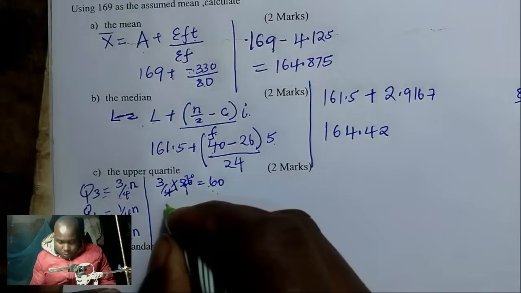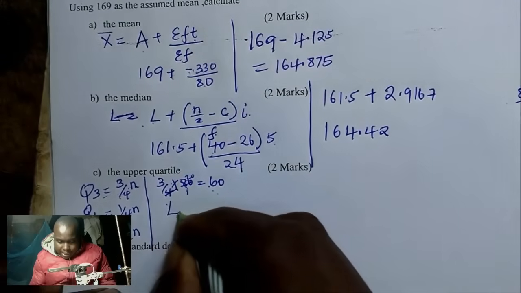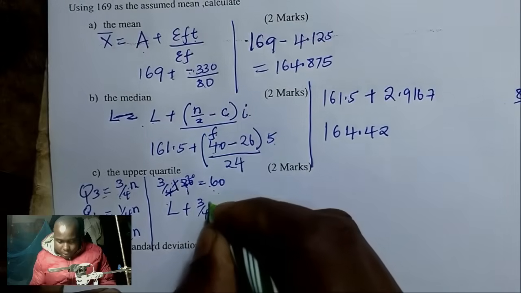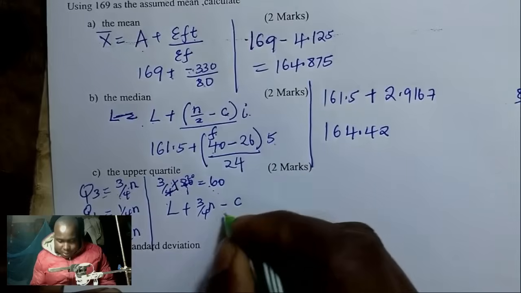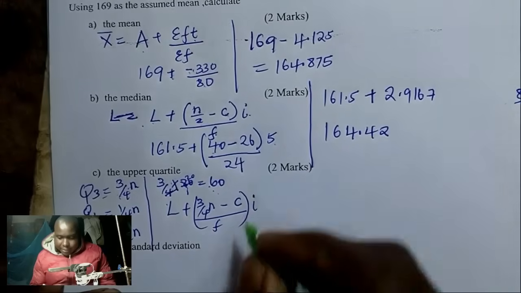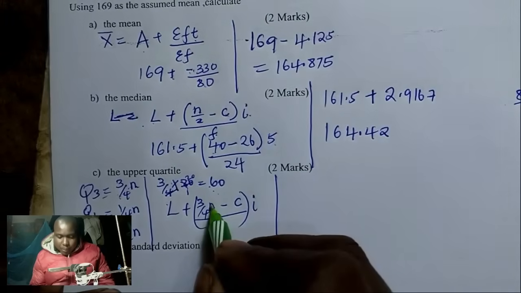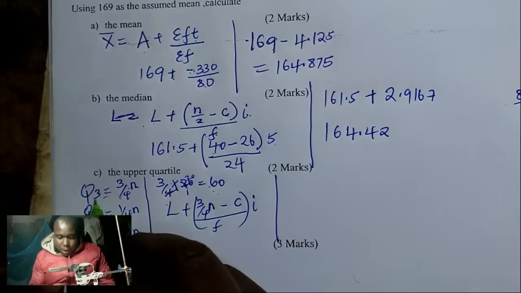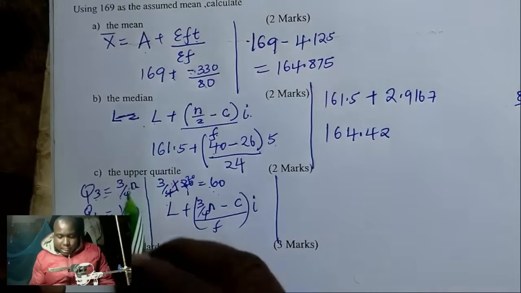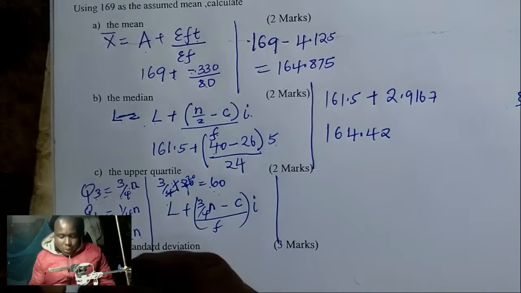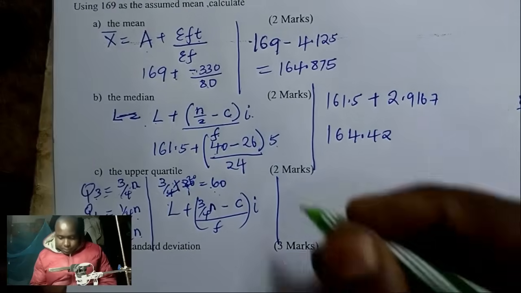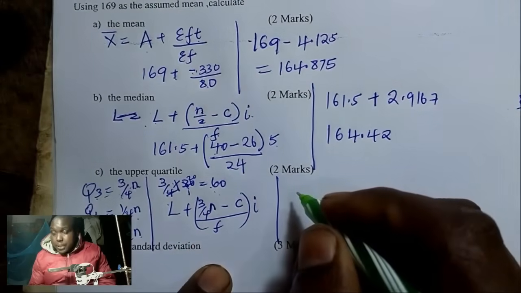So we are going to have L plus, not now n, but 3/4n minus C over frequency times I, right? Tofauti ni kwamba the upper quantile inapatikana kwa 3/4n, median inapatikana kwa 1/2n, and the lower inapatikana kwa 1/4n. Sawa? Therefore now we continue.